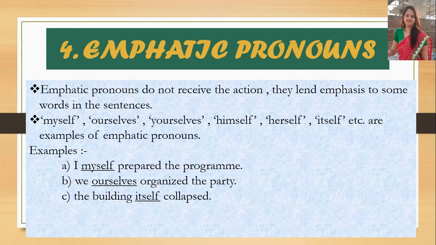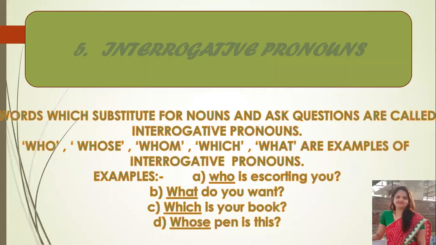Is that clear? Now see, a few examples are: I myself prepared the program, we ourselves organized the party, the building itself collapsed. Or you may also say she herself drew this picture. So these are a few examples of emphatic.